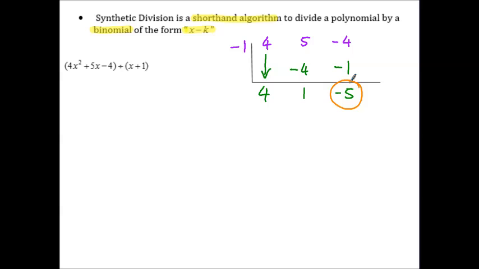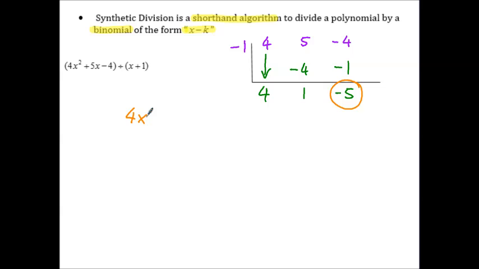This is our remainder. So let's now translate the result of this operation into a final trinomial. We started with an x squared term that got divided by an x, so that means we take down the exponent by 1. So we now have 4x.